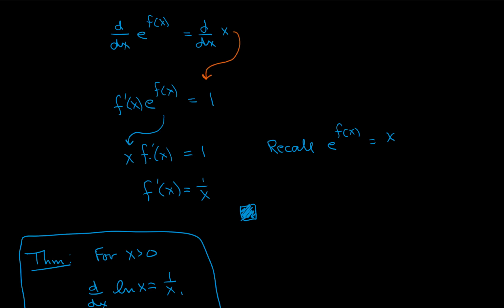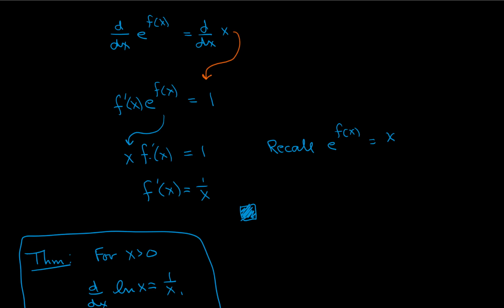On the left side, we need to use the chain rule. Recall how you compute the derivative of e raised to some function via the chain rule: you take the derivative of the outside function, e, which gives you back whatever you started with, times the derivative of the inside, which is f prime of x.